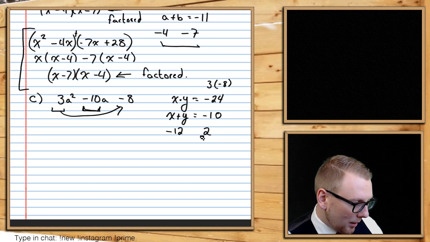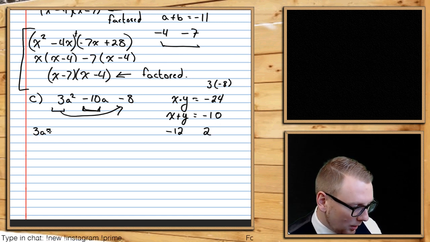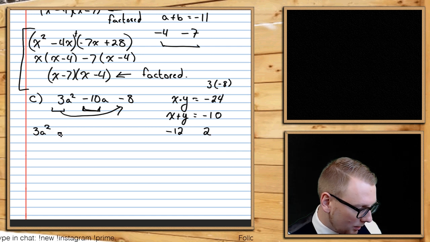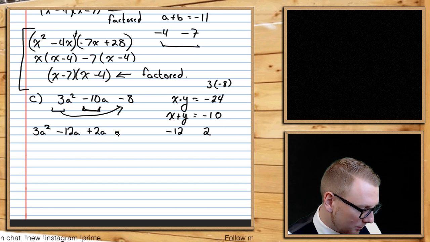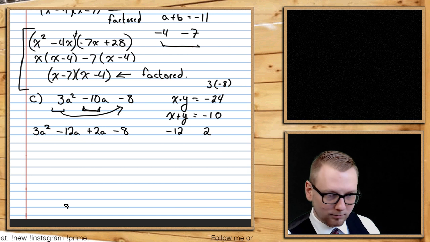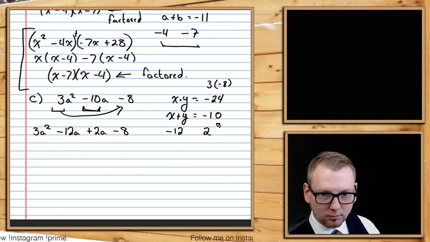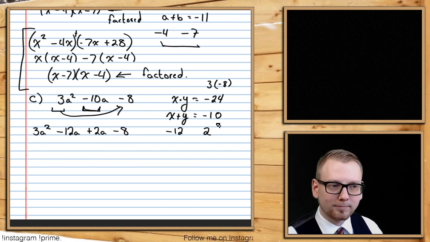So we've got a -12 and a +2. I'm going to write 3a squared from the beginning, then -12a plus 2a minus 8. So all I did was take that -10 and rewrite it with the 12 and the 2. You good so far?